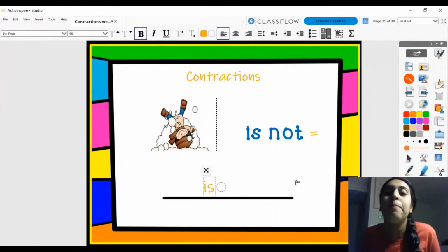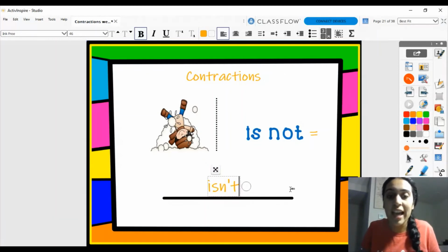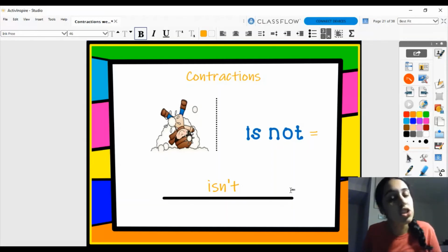What do you guys think? Go ahead and try it. Let's see what you guys come up with. Yeah, we keep the N, take away the O, replace it with an apostrophe, then add the T, and the contraction is now isn't. I know you all use that word a lot. Is not, contraction, isn't.